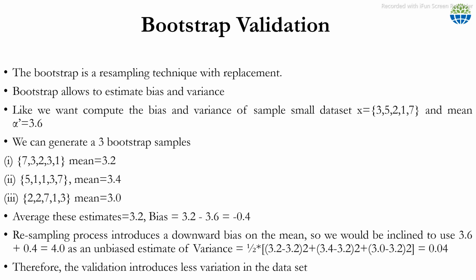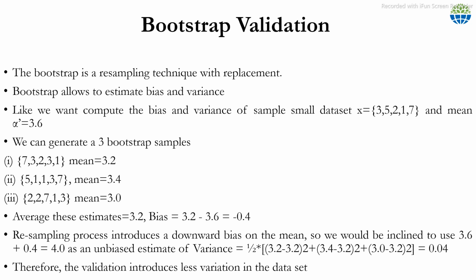Say we want to compute the bias and variance on a small data set, 3, 5, 2, 1, 7, whose mean should be 3.6. Now we can generate the bootstrap samples. There are three bootstrap samples. First, rearranging and taking 7, 3, 2, 3, 1, the mean is 3.2. Again we take a sample, 5, 1, 1, 3, 7, and the mean is 3.4.